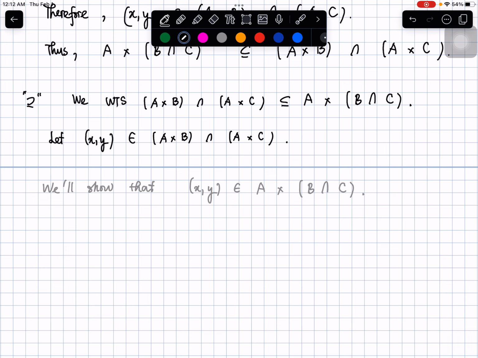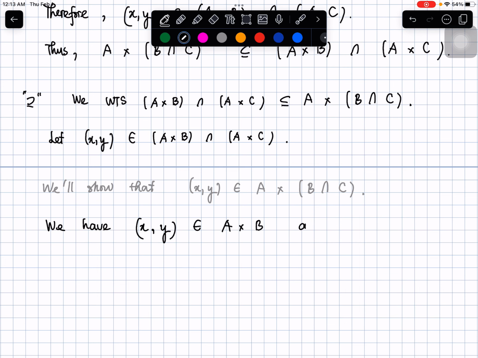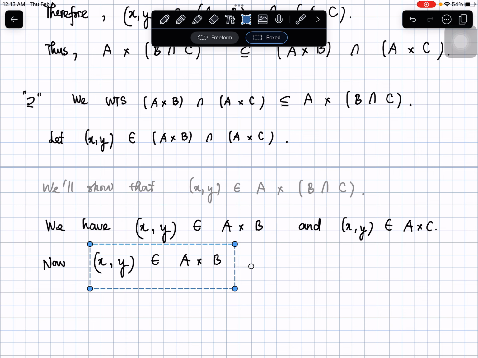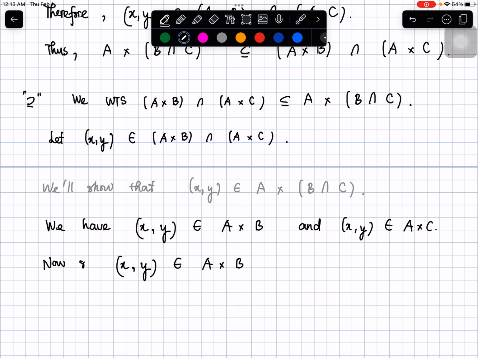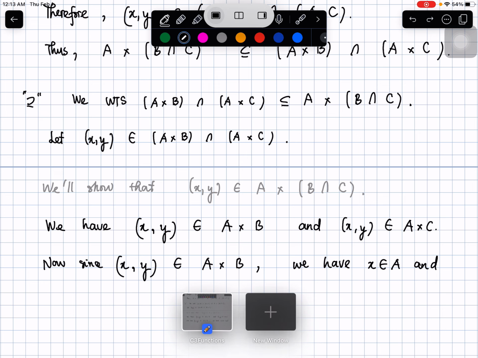By definition of the intersection, we have x comma y must belong to both sets: x comma y is an element of A cross B, and x comma y is an element of A cross C. Now, since x comma y is in A cross B, we know that x must be in A and y is in B.